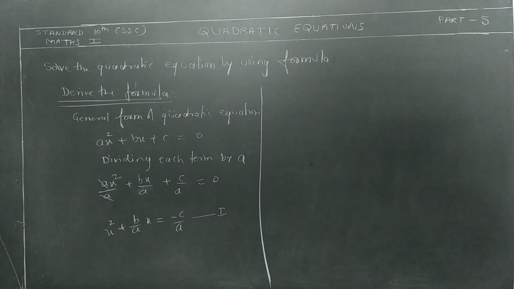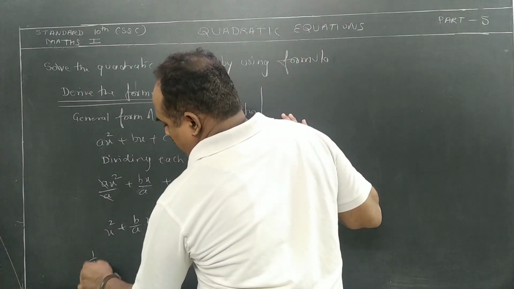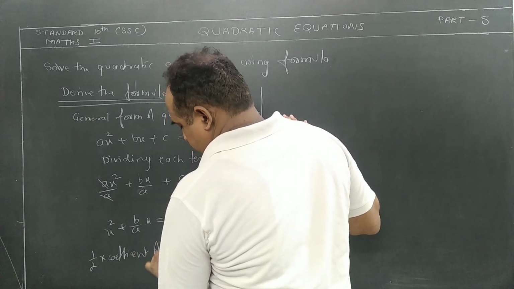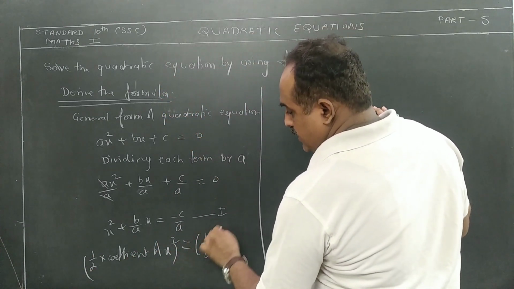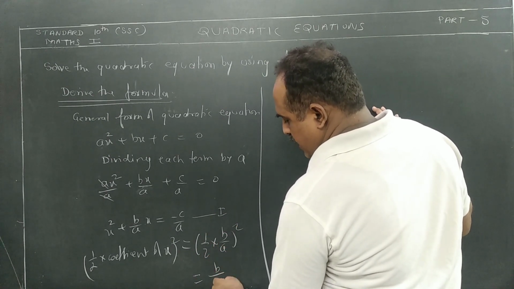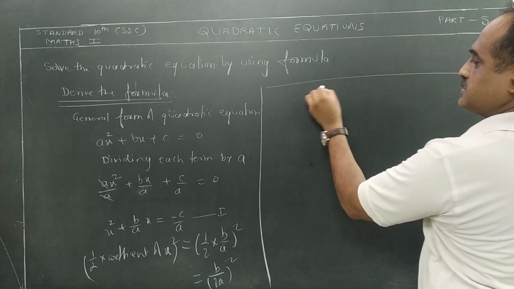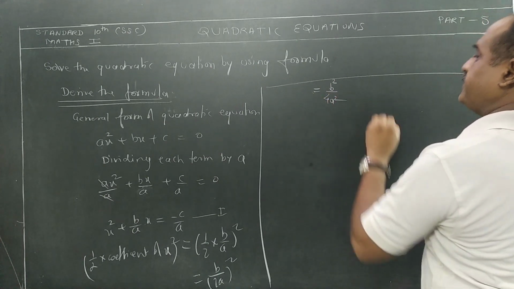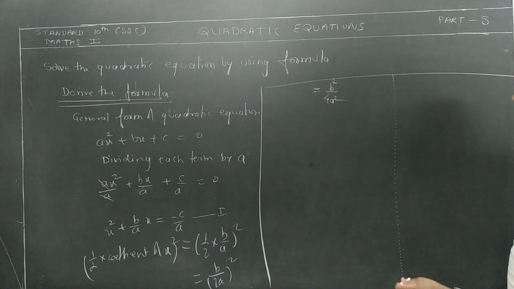Now, to solve by completing the square, what do we do? Half into coefficient of x, the whole square. So half into coefficient is what? b by a, the whole square, that is b by 2a the whole square, that is equal to b square by 4a square.